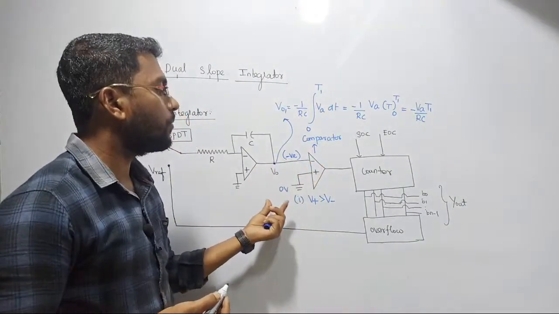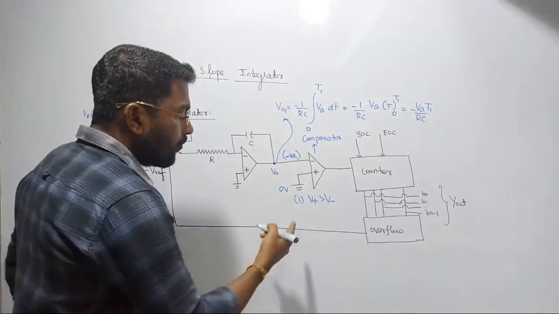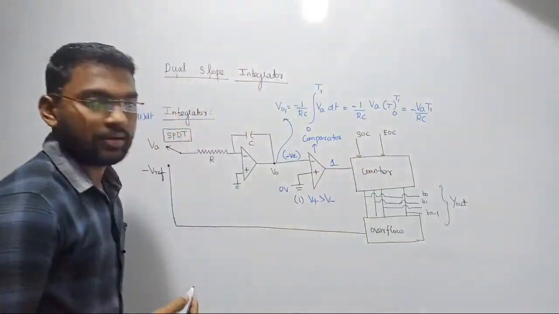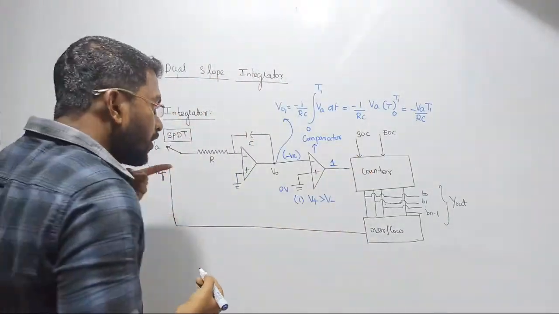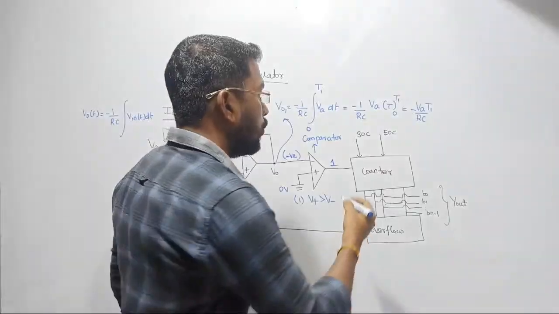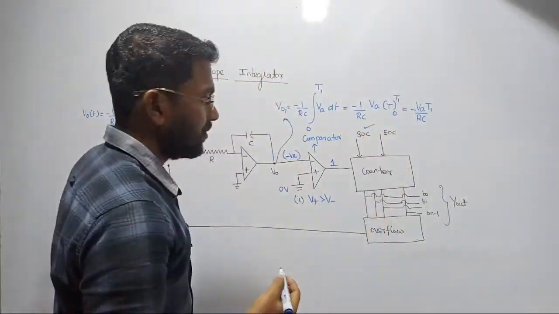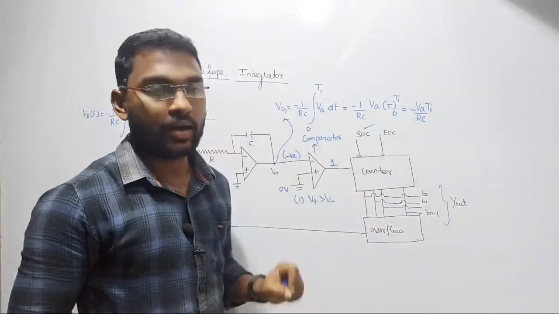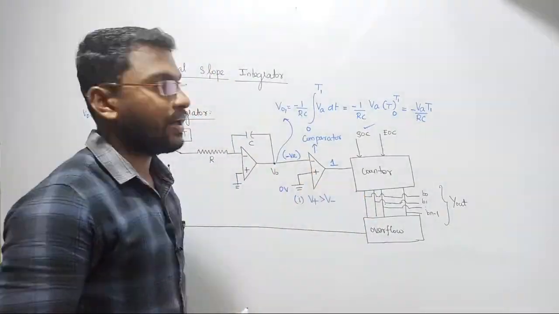So V plus is greater than V minus. Automatically, the comparator output will be set to 1. So it will pass the signal to the counter. Counter will start its counting. That is what I can call the startup operation, right? So it will start counting n bit data. If it is counting n bit data, then what will happen?